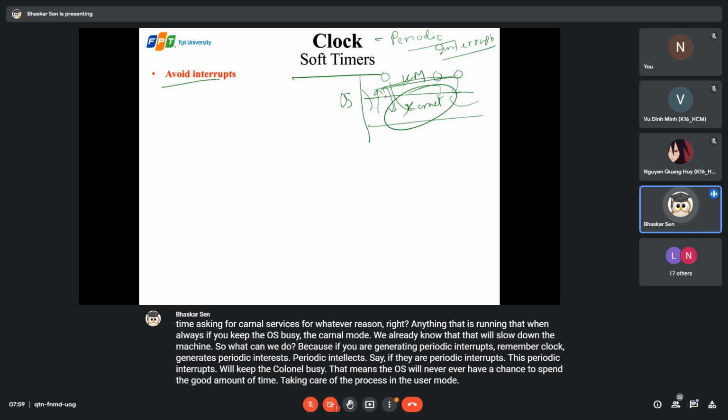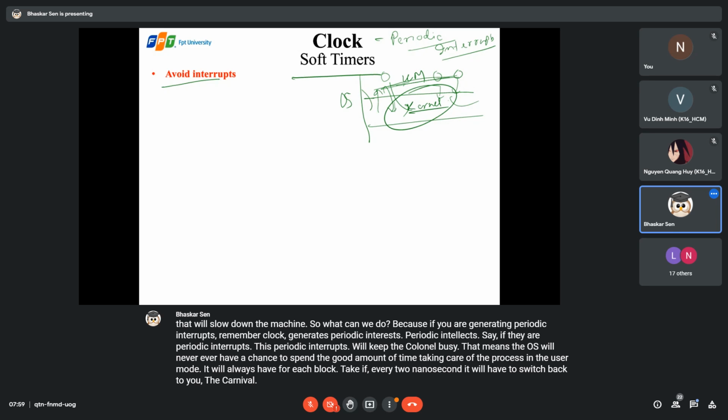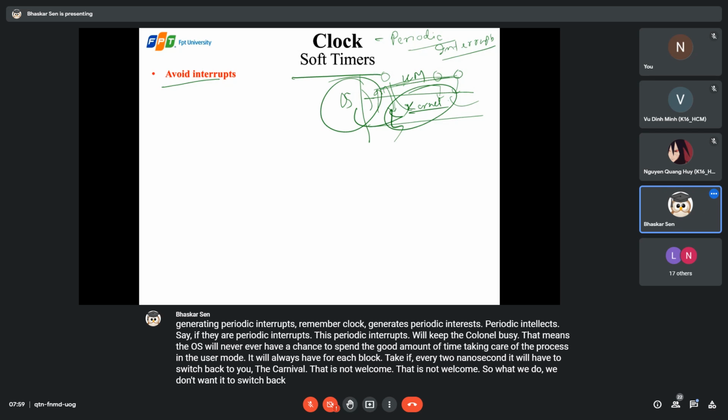It will always have to, for each clock tick, every 2 nanoseconds, switch back to the kernel mode. That is not welcome. So we don't want it to switch back like that. We want to avoid unnecessary switching of the OS into the kernel mode.